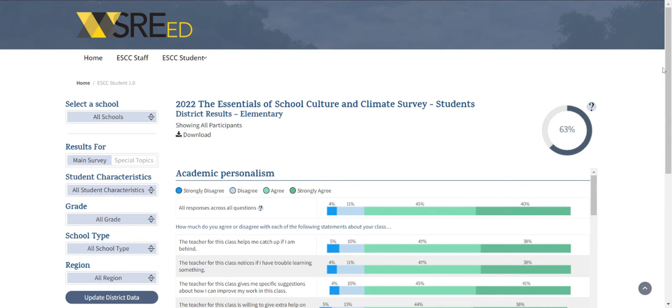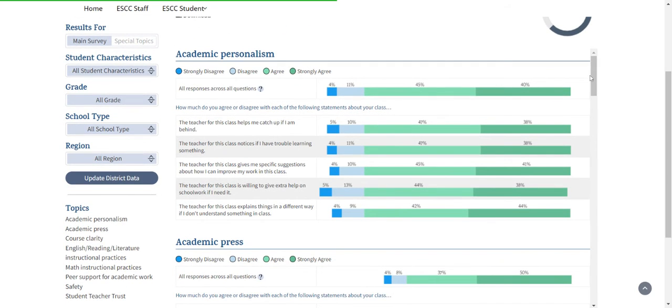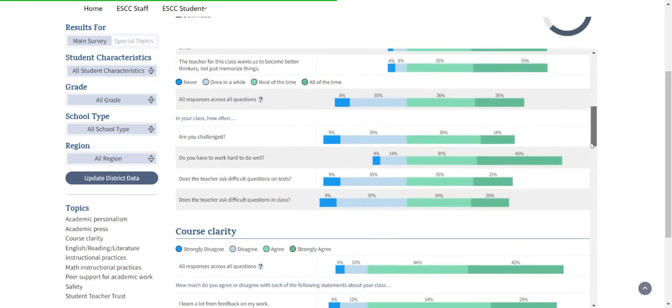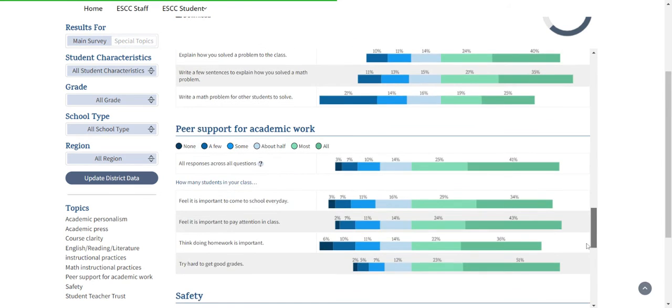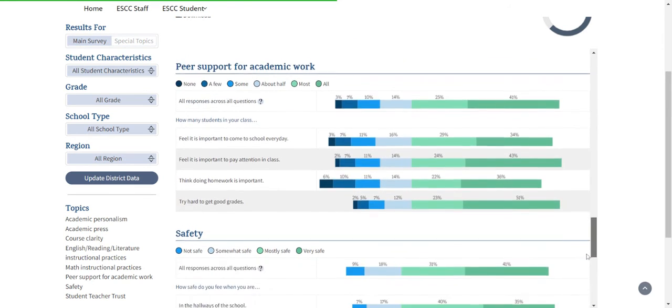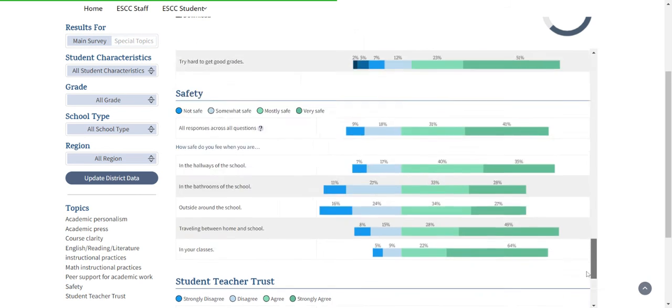You see district-wide what percentage of elementary students responded to the survey. Again, you've got the same constructs: academic personalism, academic press, course clarity, English, reading, literature instructional practices, math instructional practices, peer support for academic work, safety, and student-teacher trust.